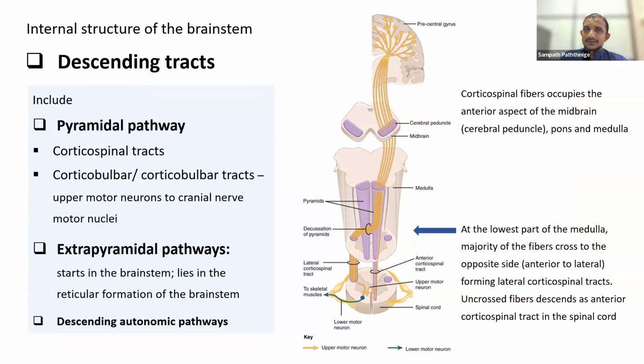Then we have the extrapyramidal pathways, which generally come from the basal nuclei going downwards. Additionally, we have the descending autonomic fibers as well, going towards the spinal cord and leaving the spinal cord at different levels.